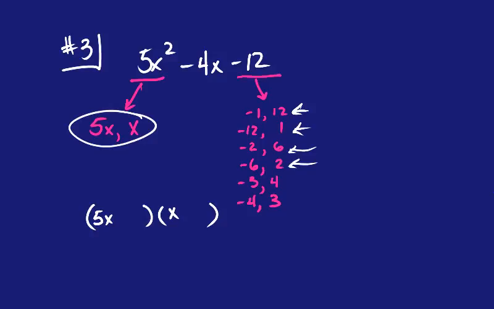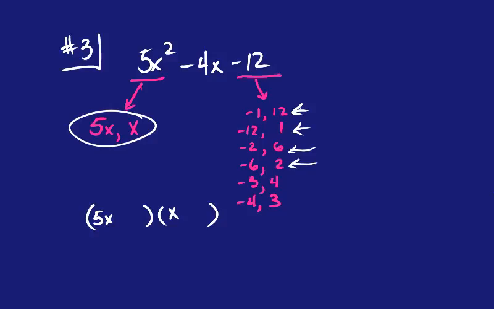If you put negative 1 here and then positive 12 here, automatically I know that the negative times 5 is going to be negative 5, and 12 times 1 is going to be 12. So that's going to be bigger, and that's going to add to something that's positive. So it's not something that I actually want.